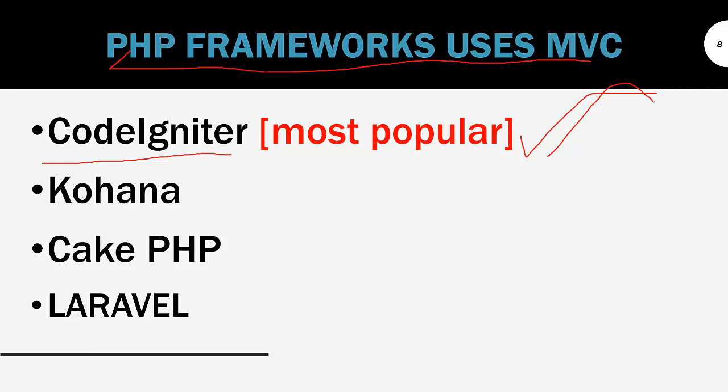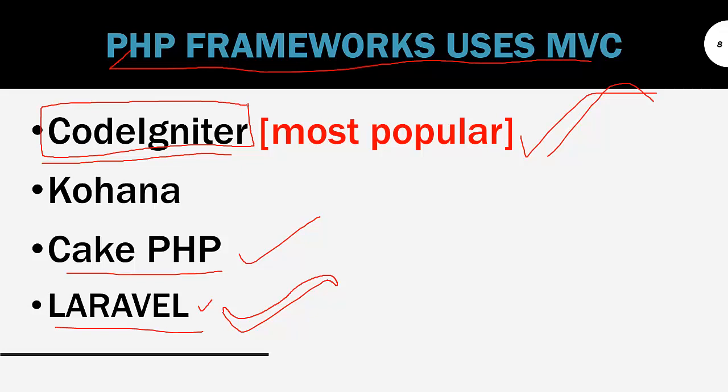I will tell you about that in upcoming videos, after creating many projects, when we get to frameworks. There are also Kohana and CakePHP. CakePHP is also popular, and Laravel. Laravel is a very good framework. You can also integrate Vue.js with Laravel. I worked with Laravel, but I did not work with CodeIgniter. So we will start from Laravel, then we will move to CodeIgniter.